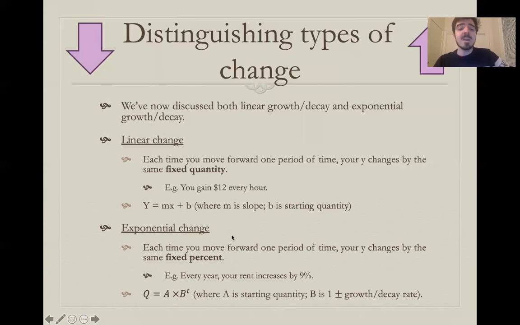So the big takeaway here is that for linear change, we are just adding or subtracting a fixed number every time. For exponential change, it really matters what quantity we had in the previous time period, because that's going to determine how much we lose or gain in the following time period.